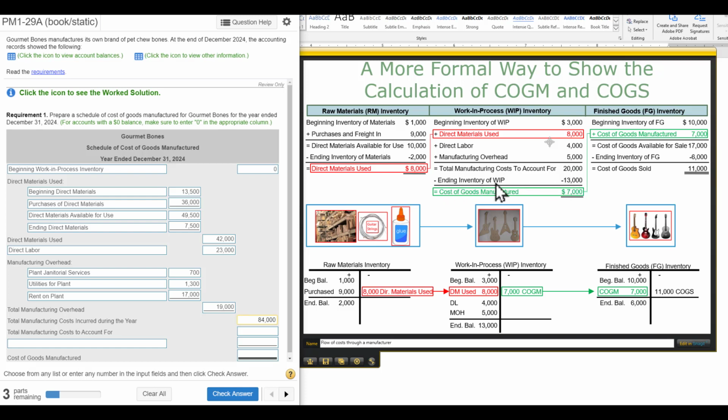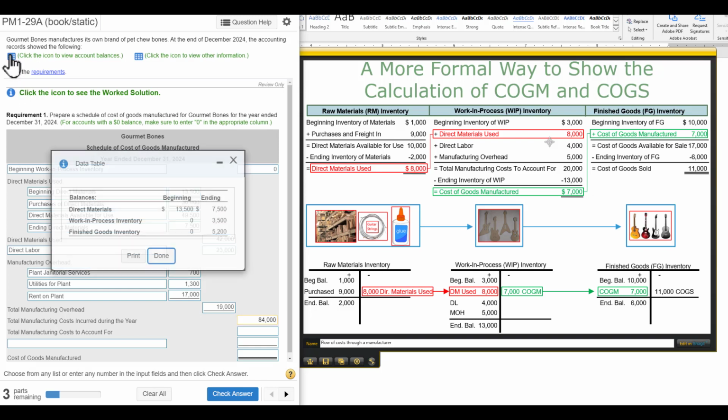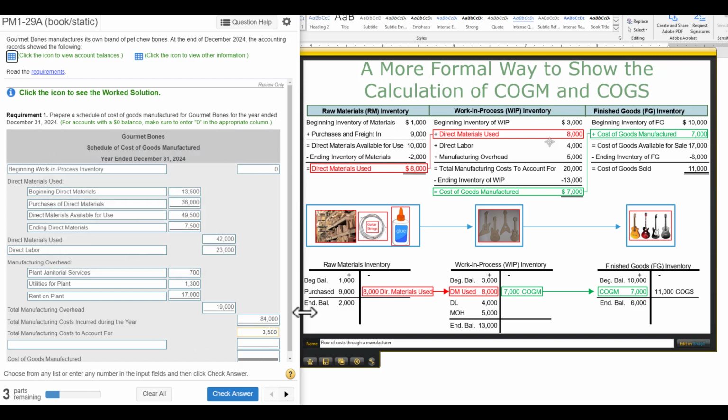Next, we're going to subtract our ending work in process. So we need this first one. Here's work in process ending, 3,500. Copy and paste that. Oops, I messed up. Sorry. This goes down here, 3,500. So let me back up because I showed this incorrectly.